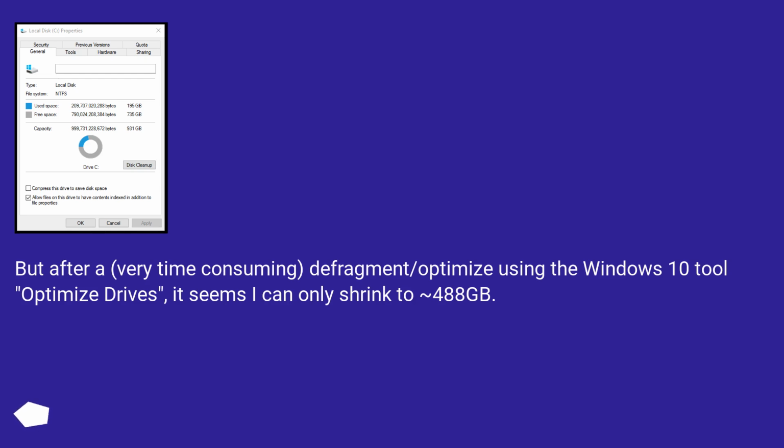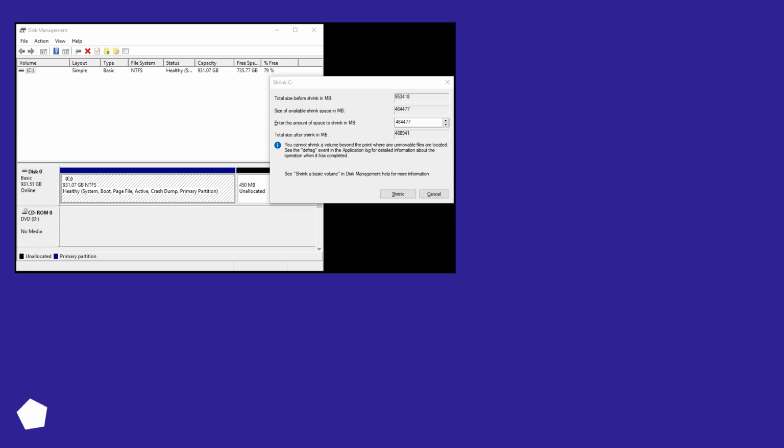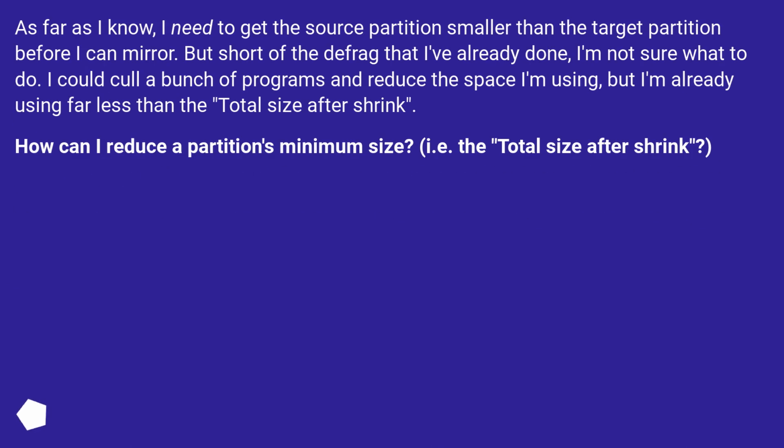But after a very time-consuming defragment/optimize using the Windows 10 tool Optimize Drives, it seems I can only shrink to 488 GB. As far as I know, I need to get the source partition smaller than the target partition before I can mirror.